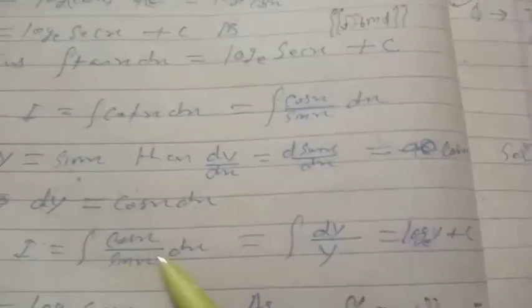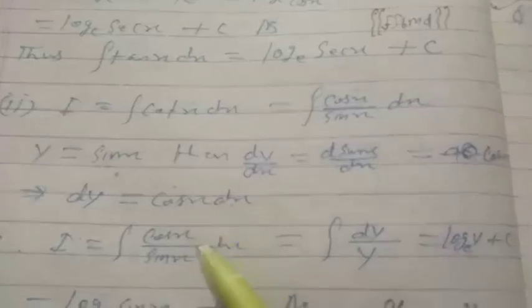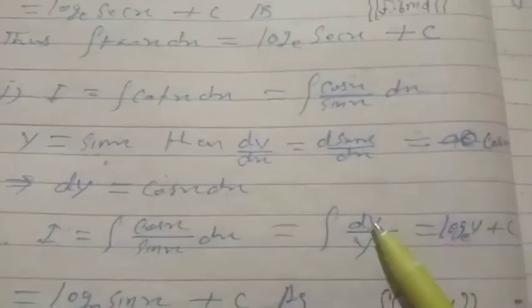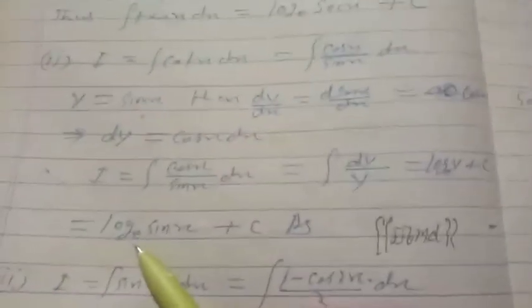Because cos x dx equals dy and y equals sin x, we put these values and get dy by y. We know that integration of dy by y equals log y, so we can write log y plus c, or putting the value of y, log sin x plus c. Answer.